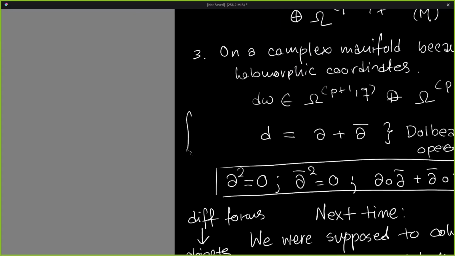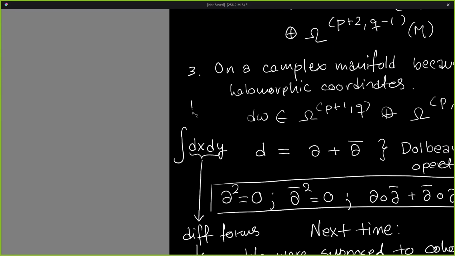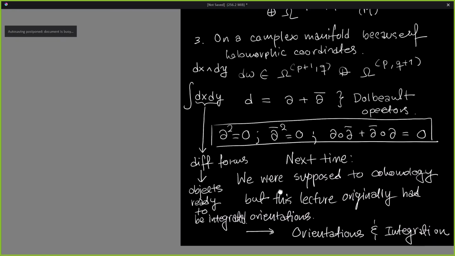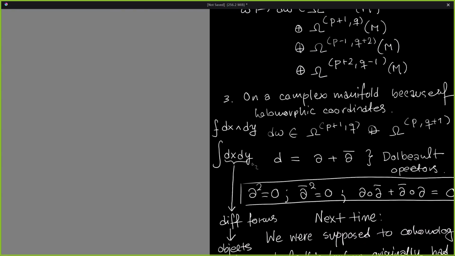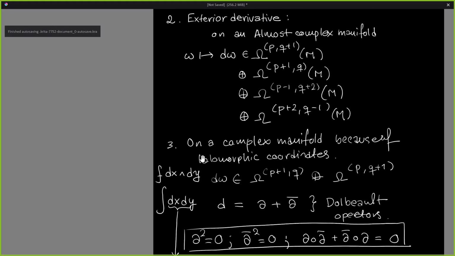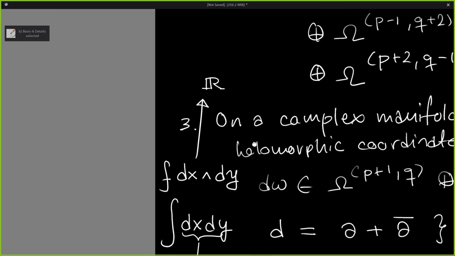In regular calculus, when you see this kind of thing, dx dy, that's actually secretly a differential form. It's telling you a little area element that you're integrating over, and the function there is the coefficient of the differential form. And you're integrating it over a manifold. In that case, the manifold turns out to be R or C, depending on where you're integrating. Well, integrating on C is a lot more complicated, but in general, R.